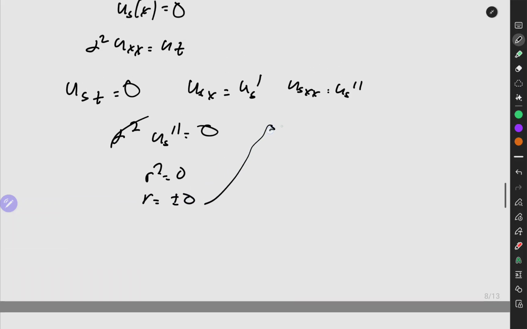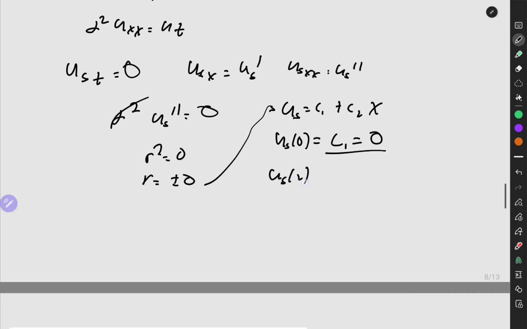So then our general solution, u_s, is just this. Then we use our boundary conditions. We get C1 is 0.